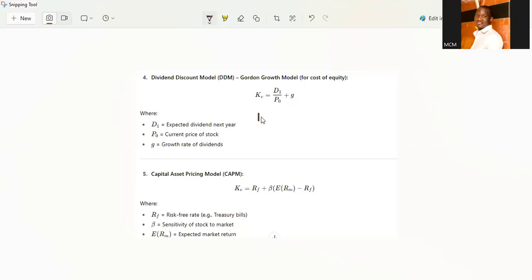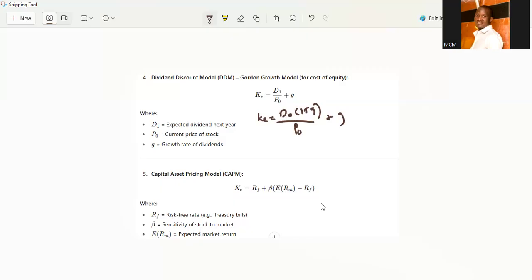So this formula can also be manipulated as follows: D0 times 1 plus growth over P0 plus growth.